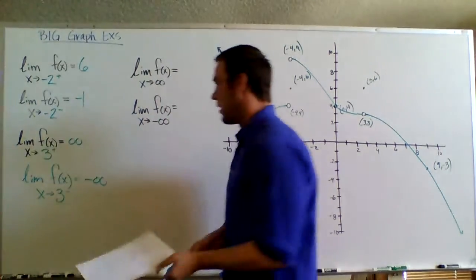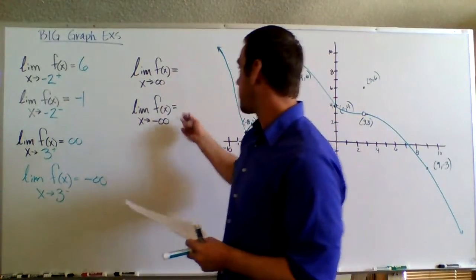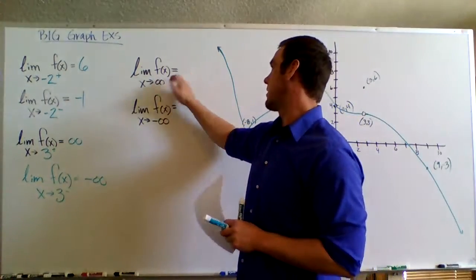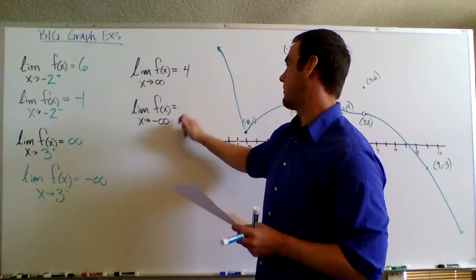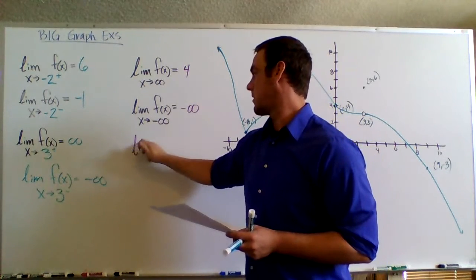Alright. On some more here. Yeah, you can see that all right. Now we make this one a little bit more challenging. Here we'll have a 4, and here we'll have a -infinity. That looks good.